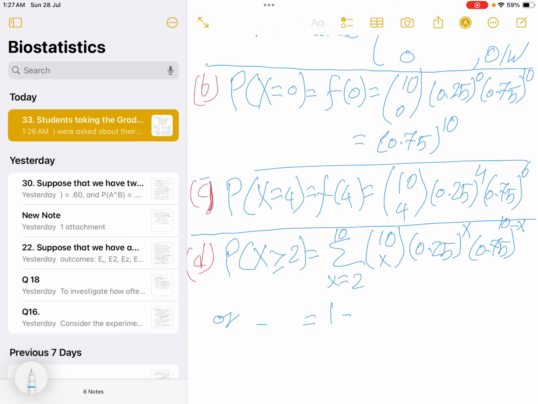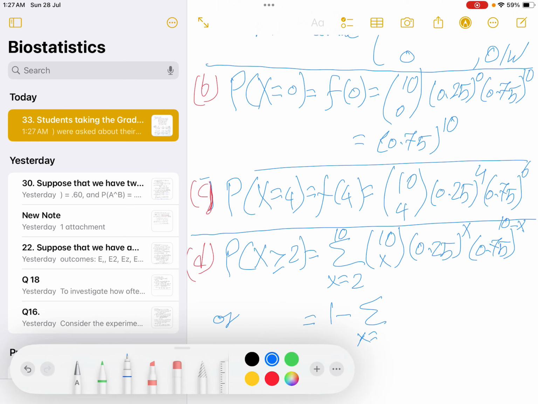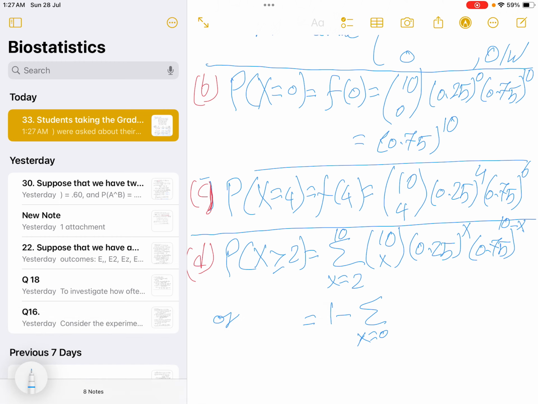1 minus summation X equal 0 to 1, since I want from 2 till 10, in order to have 1, still probability of X equal 0, X equal 1, 10 over X, 0.25 to the power X, 0.75 to the power 10 minus X, which is 1 minus f0 plus f1.